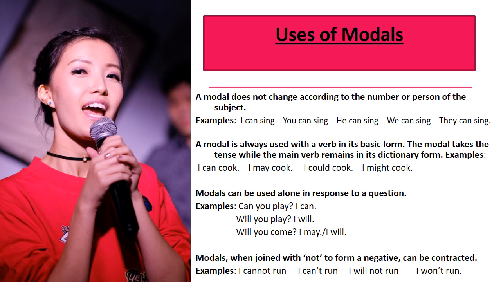I can cook. After can, we have used the base form of verb, that is first form of verb, cook. I may cook. I could cook. I might cook. So here modal verbs are can, may, could, might, and they are followed by first form of verb.